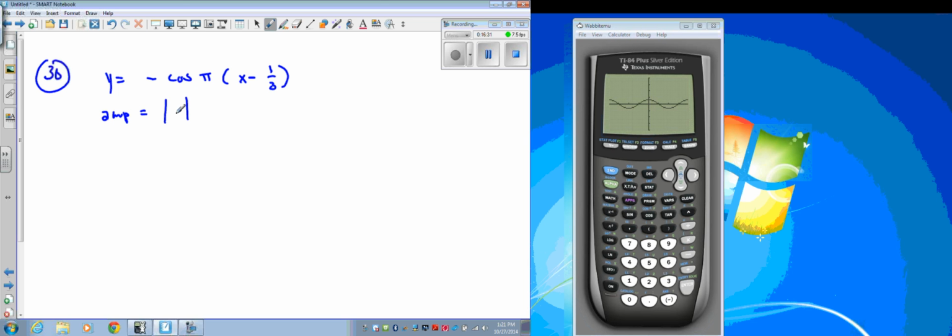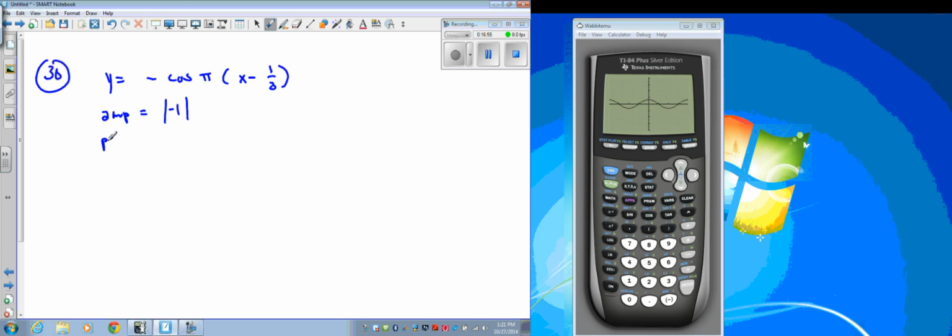Absolute value of a, which is 1. Here's where using the absolute value is good. You know the amplitude is 1, but when you look at this, the cosine curve is rotated around the x-axis. Correct? Because that's what happened, but it still has an amplitude of 1.